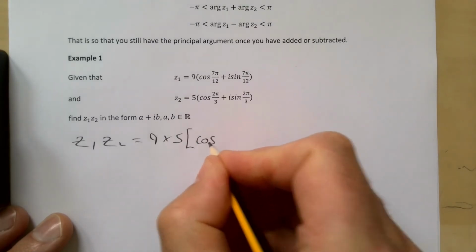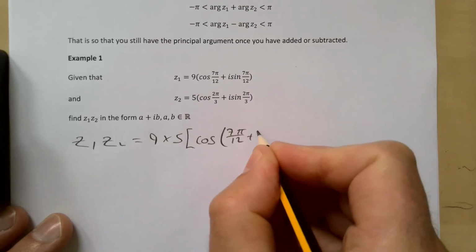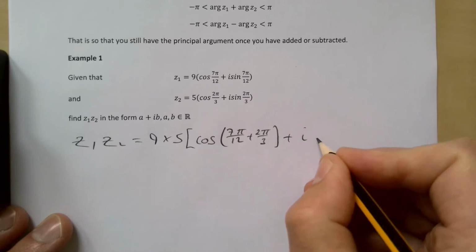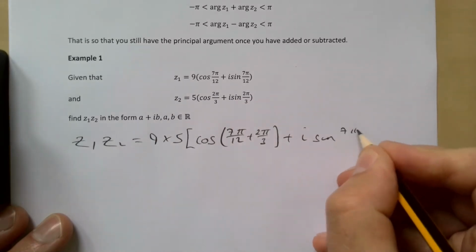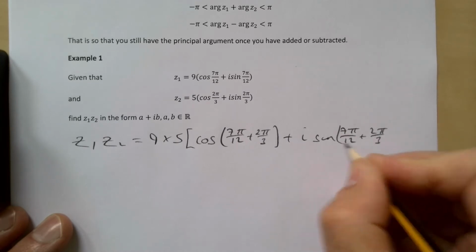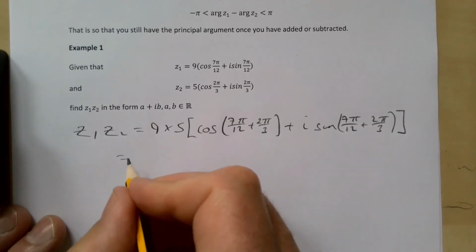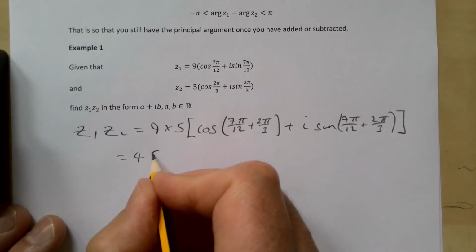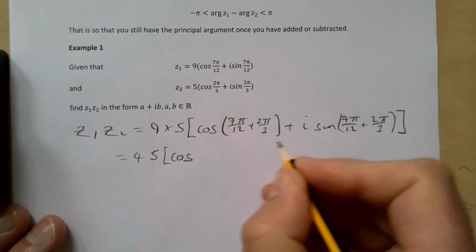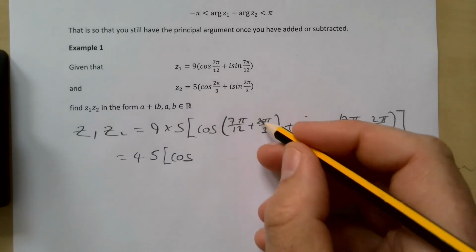That's cos of 7 pi over 12 plus 2 pi over 3, plus i sine of 7 pi over 12 plus 2 pi over 3. Let's start to tidy this up. That's going to give us 45. 2 pi over 3, in terms of twelfths, is times by 4, so it's 8 pi.